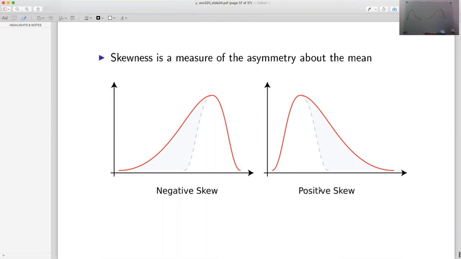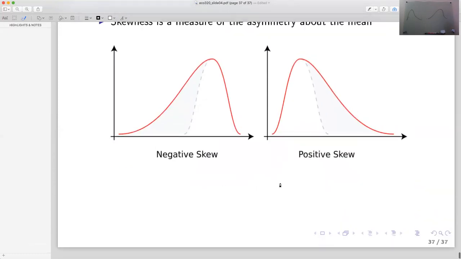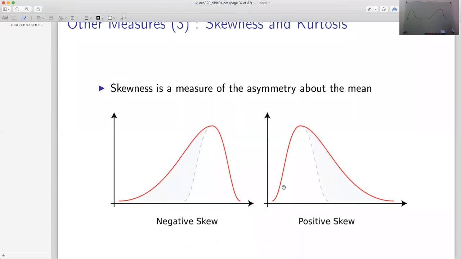If you don't have any skewness, it is symmetric, more like this. But this one is not really symmetric. I will probably talk about this a little later.